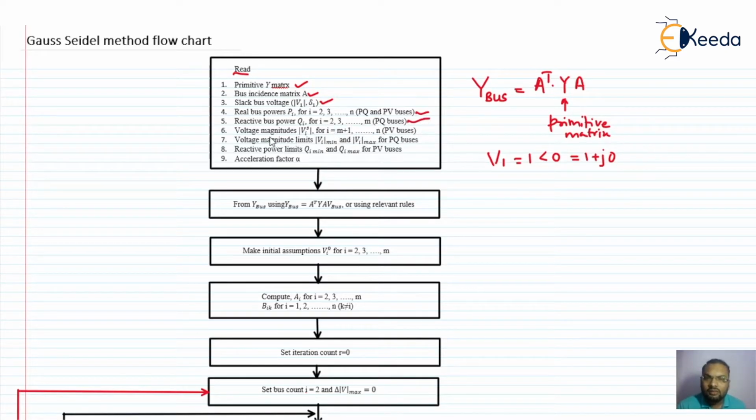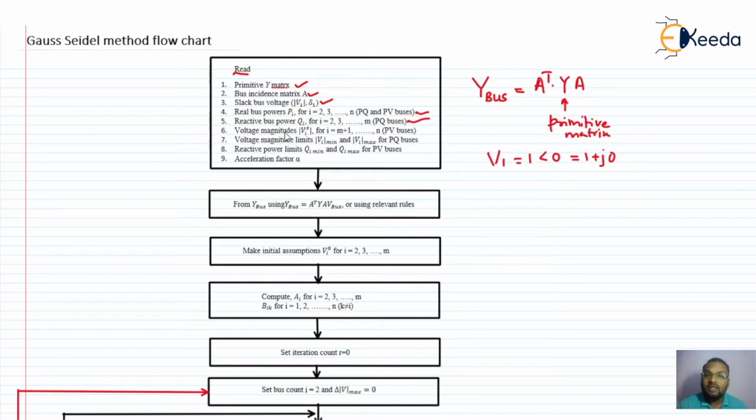Next, see here, bus numbers also. Please take care of these bus numbers as well. I am reading the real power for bus 2 to the last bus, starting from the second bus up to the last bus. But the reactive power I am reading from the second bus up to M. M is nothing but the number of PQ buses.